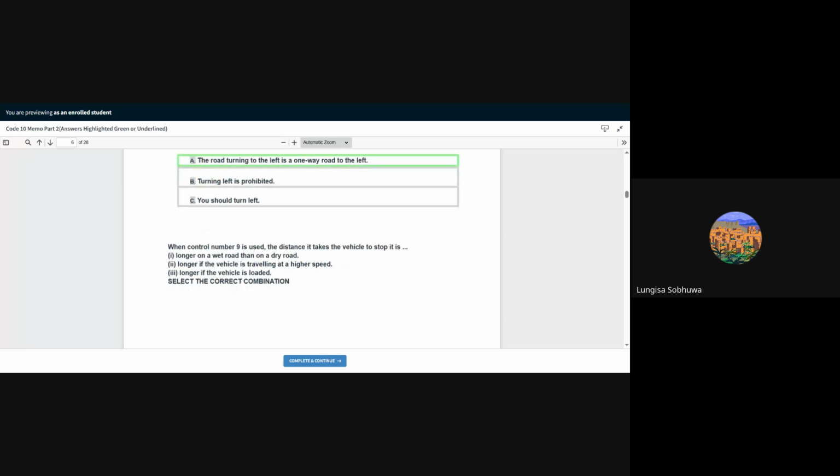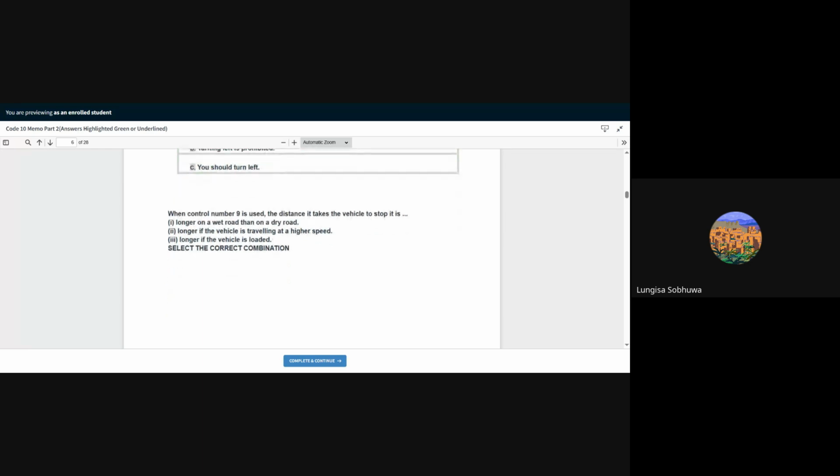It's combinations again. When control number 9 is used, remember control number 9 is the foot brake. When control number 9 is used, the distance it takes for the vehicle to stop, number 1, is longer on a wet road than on a dry road.